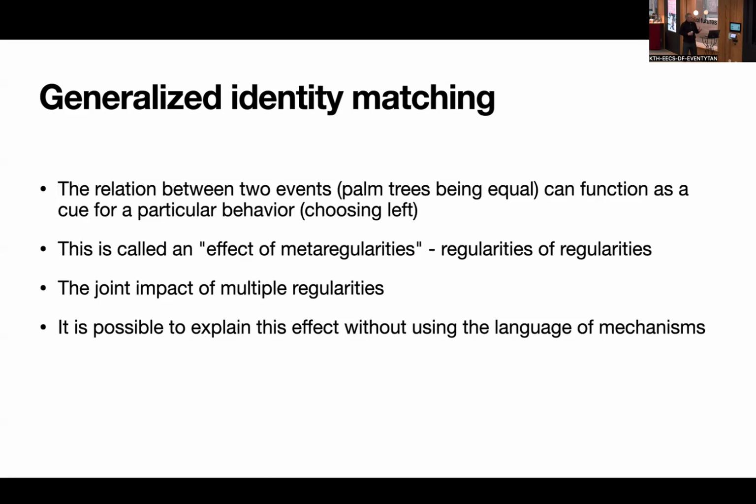So how we express this in functional learning psychology is that the relation between two events can function as a particular cue of choosing left, for example. Jan de Houwer called this an effect of meta-regularities. There are regularities of regularities.